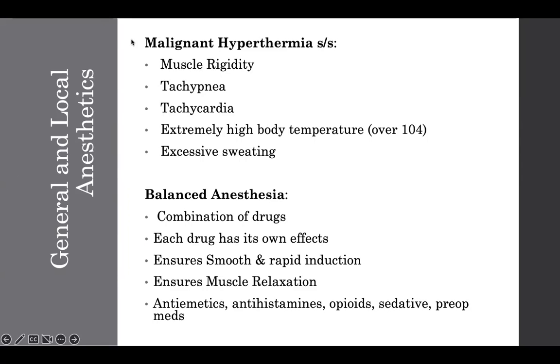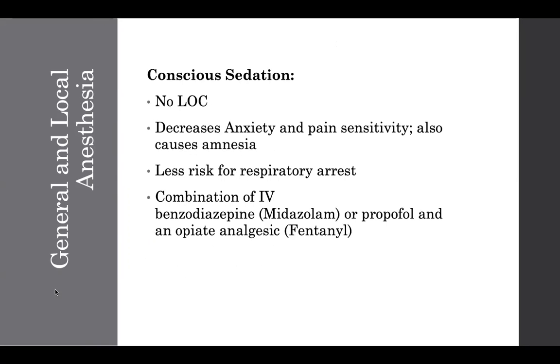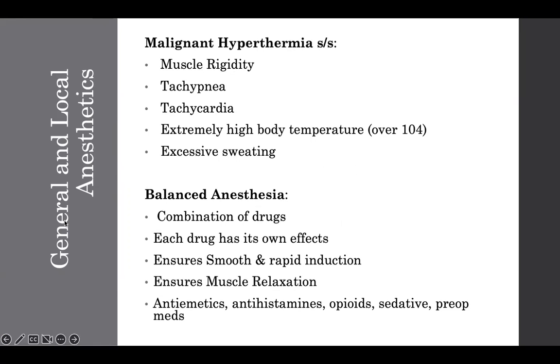So you're really looking for these top three, which is muscle rigidity, tachypnea, and tachycardia. They're going to be sweating too, but that's because their body temperature is so high. You're going to try and do cooling measures to get them to cool down.